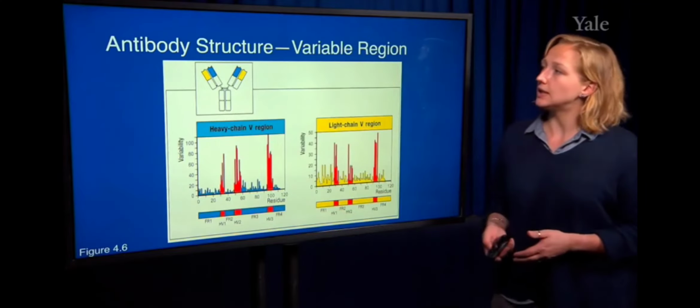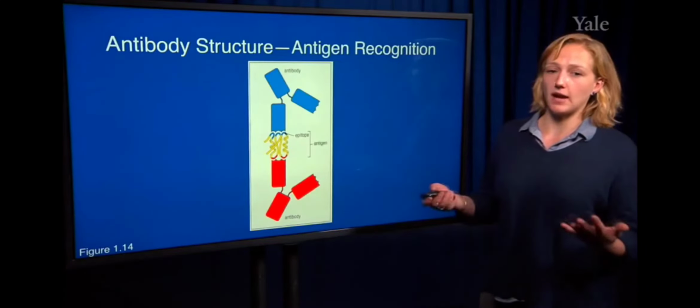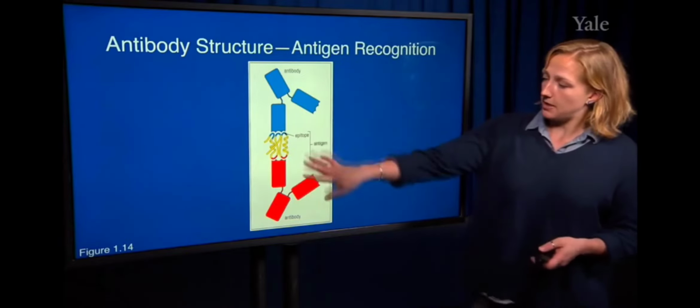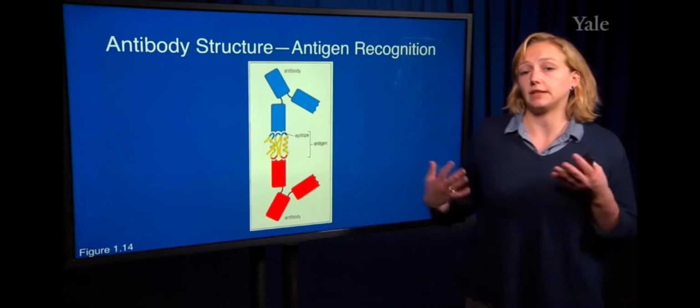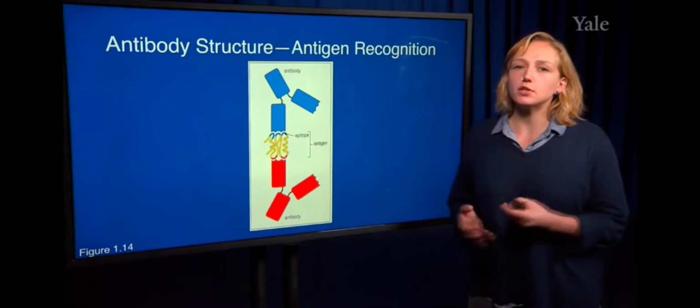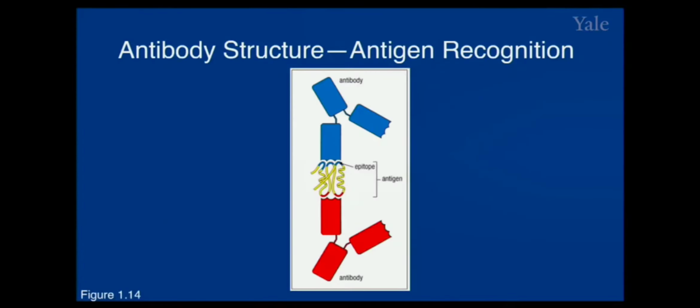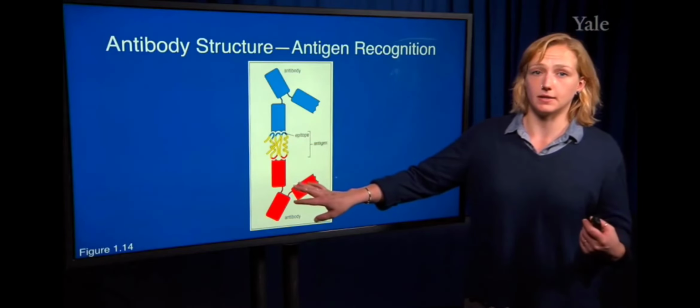Now, in terms of how antigens are recognized by antibodies, different antibodies have specificities for different epitopes. An epitope is a certain part of an antigen. It's not the entirety of the antigen itself. For example, as you can see here, we have one specific antigen that has these two epitopes that are being discussed, and we have two antibodies that are specific for these two different epitopes.